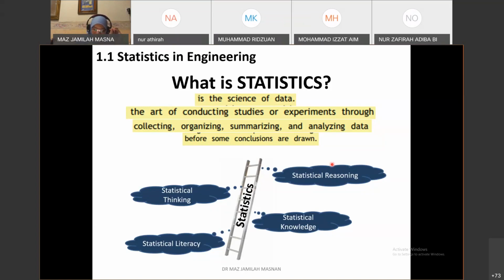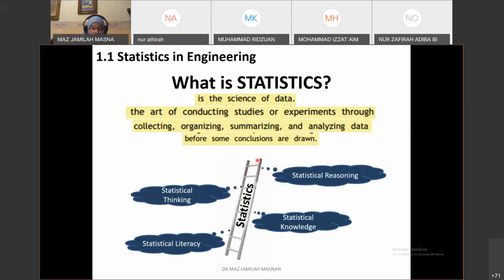In your case, you are using secondary data. So are you collecting your data? Somehow yes, but you are not collecting on your own because the data is readily available for you. So you are going to start with organizing your data, then summarize, analyze, and finally make conclusions.